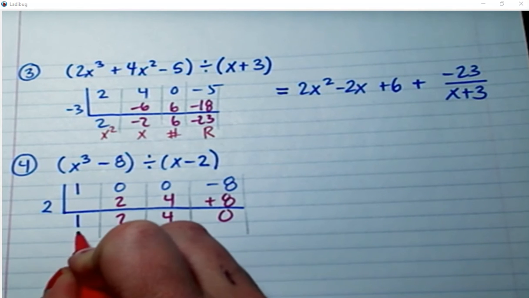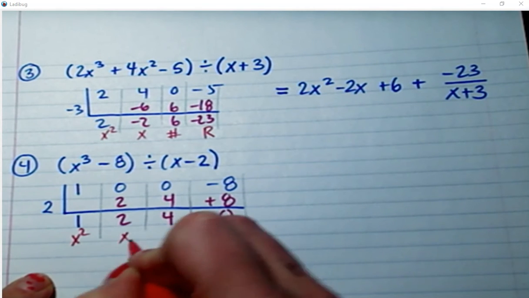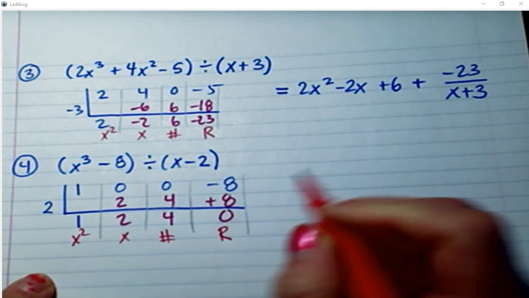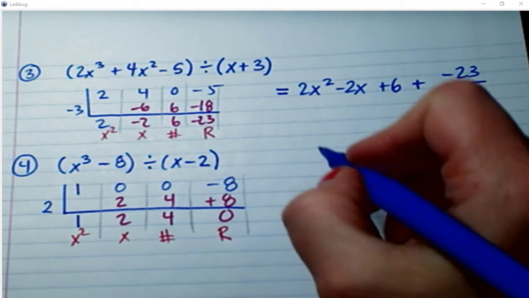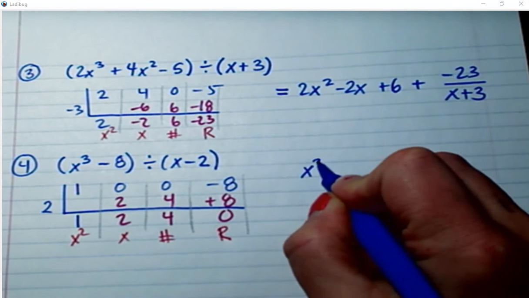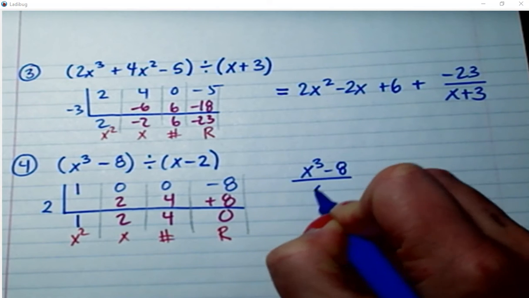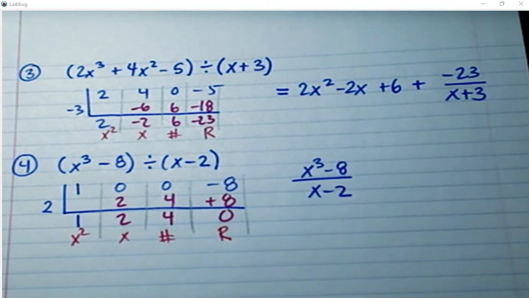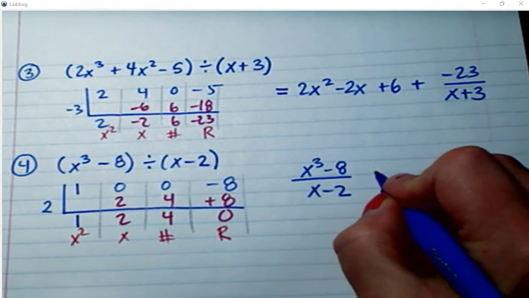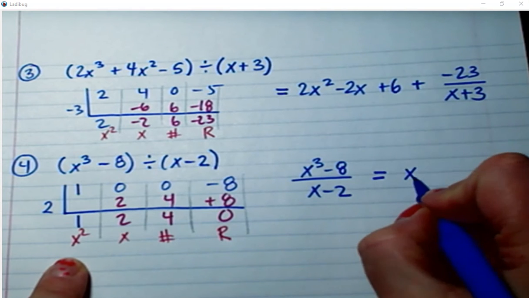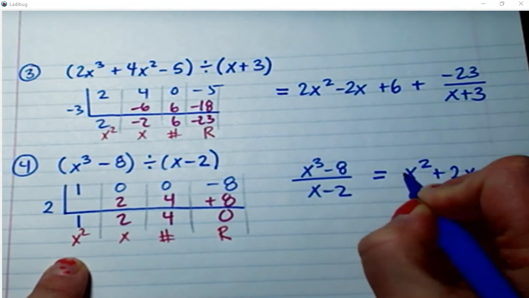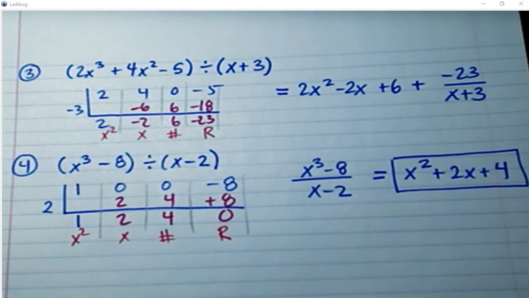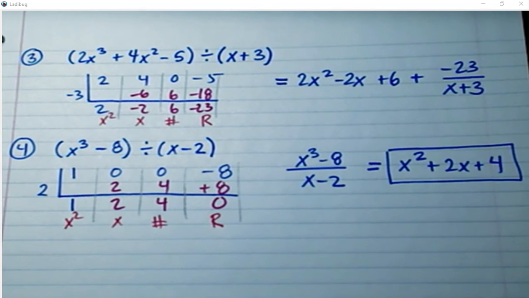Okay. Cubed, squared. Oh, lines up perfectly. And the answer is, okay, I'm going to write this one. Right? That's another way to write division. Equals x squared plus 2x plus 4. This time there's no remainder.